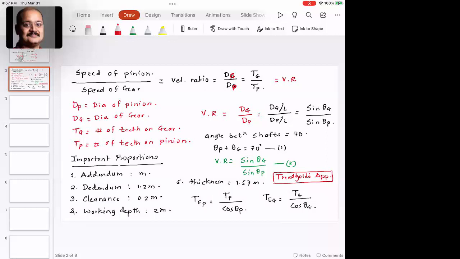Now, some of you may ask me why this Tredgold's approximation is needed. Please try to understand that these gears have been designed for the last 60, 70, 80, hundreds of years. At that time, we did not have sophisticated CAD tools. We did not have finite element methods. What we had was just basic strength of material calculations.